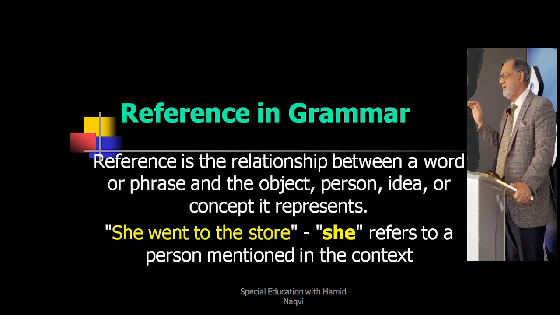The sentence is, she went to the store. In this short sentence, she refers to a person mentioned in the context. So this is reference. We are referring to a particular person.